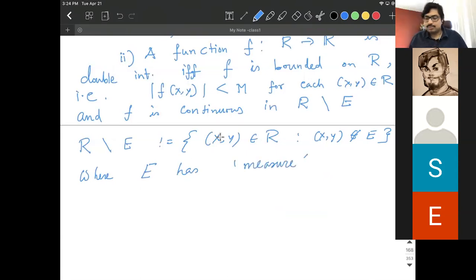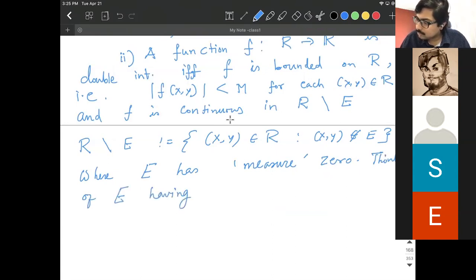Where E has, I don't want to use this term, but there is no better term to say this, measure 0. Okay, so in R2 you can think of it like an area. So think of E as having 0 area.